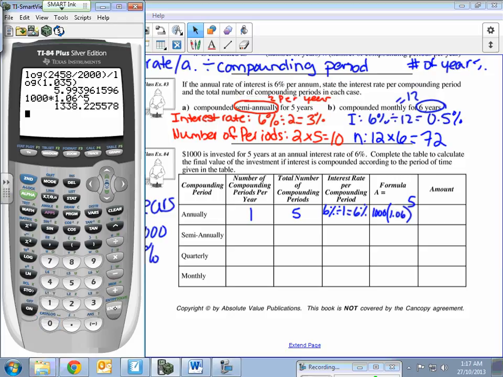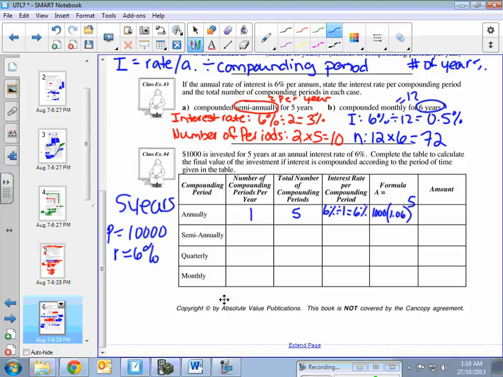Enter. So your amount here, always round to the nearest hundredth, guys. Hundredths with money be $1,338.23. So $1,338.23. Okay, so pause it now and see if you can do the rest.